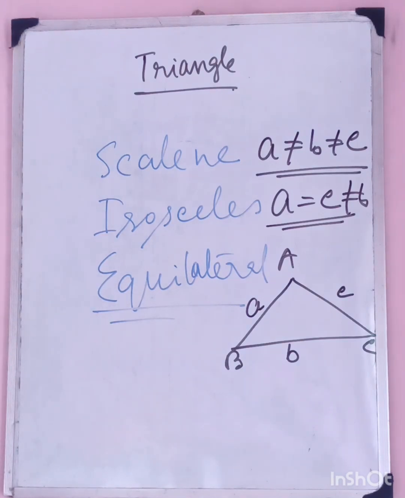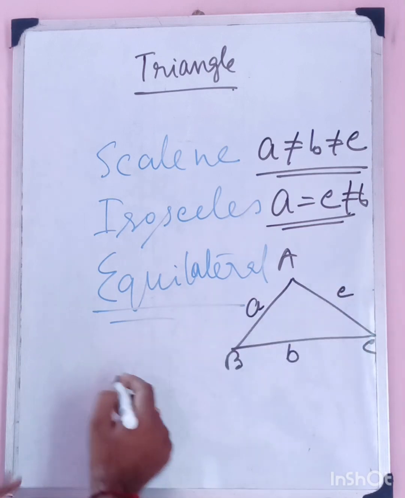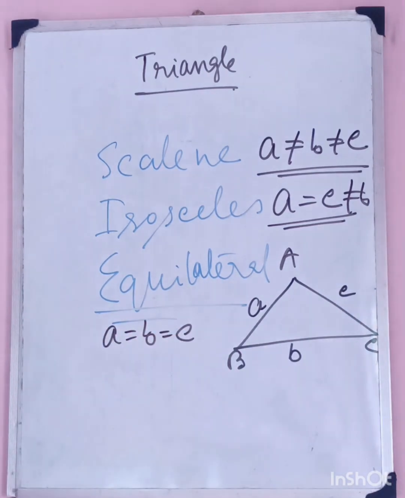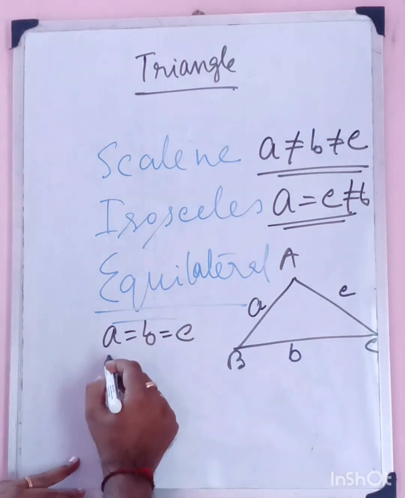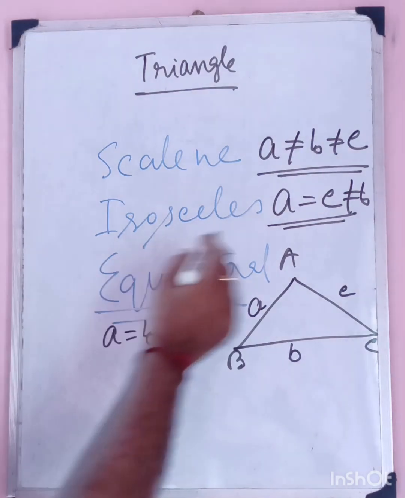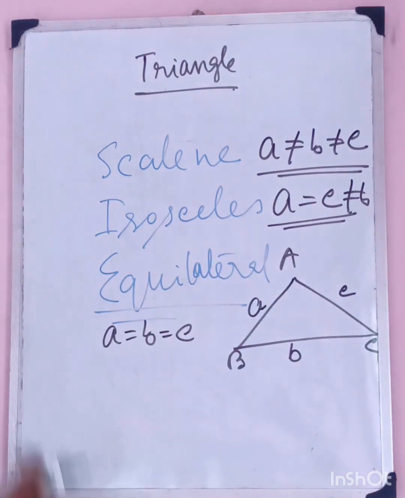And if all the sides are equal, then it is called equilateral. a equals b equals c. So depending on the length of the sides, triangle is divided into three categories: scalene, isosceles and equilateral.